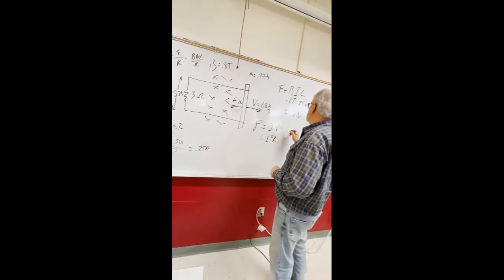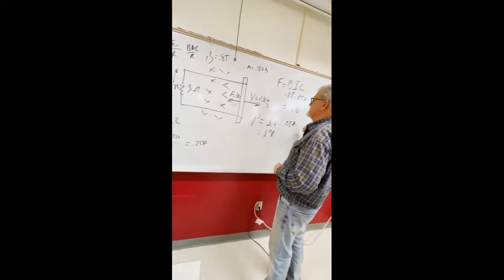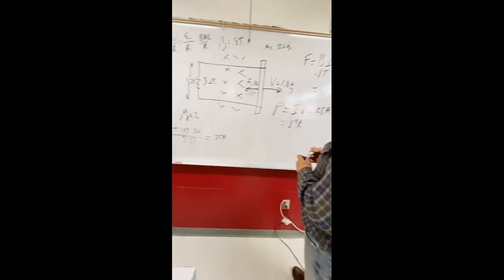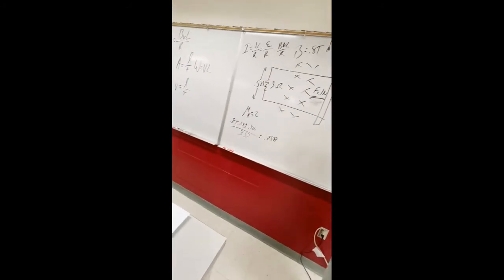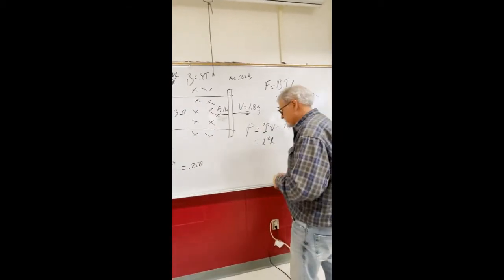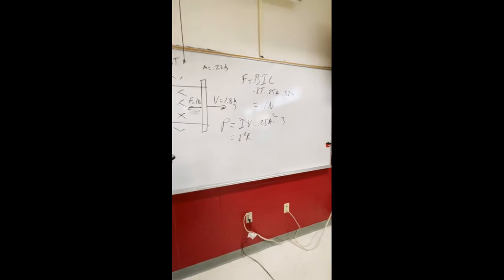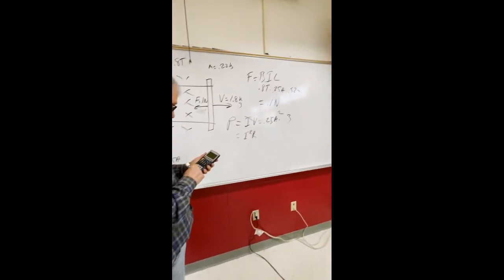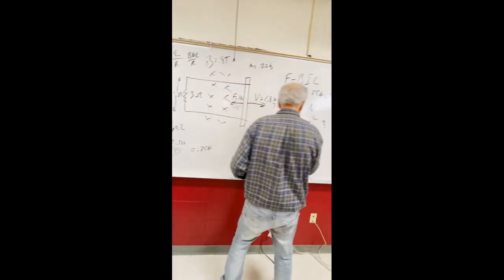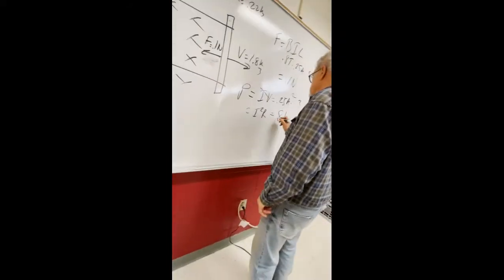I'm going to do I squared times R: 0.25 squared times 3 is about 0.18 watts.